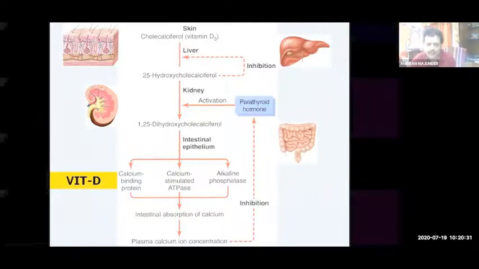Therefore, in renal disease, you have to treat the patient with 1,25 dihydroxycholecalciferol, and that is why in liver disease and kidney disease, our approach to vitamin D deficiency and its management is different from that of the other patients who do not have liver or kidney disease.